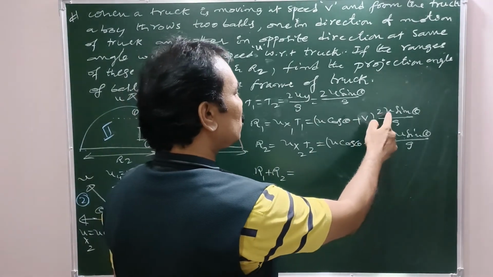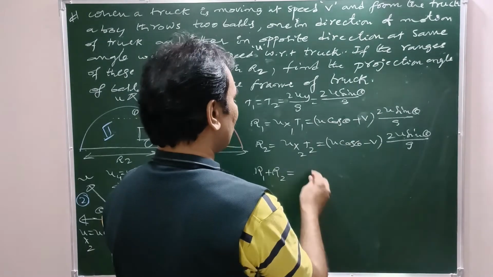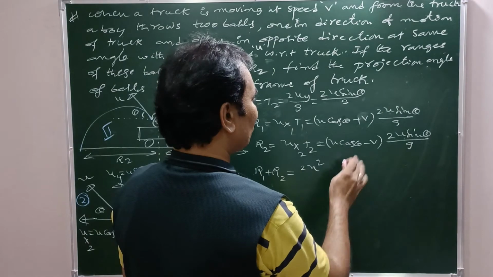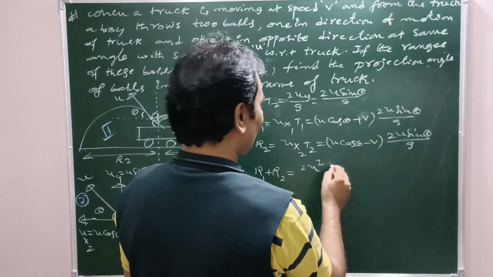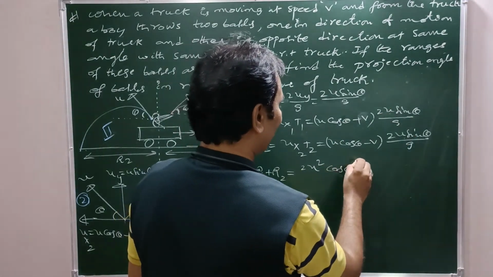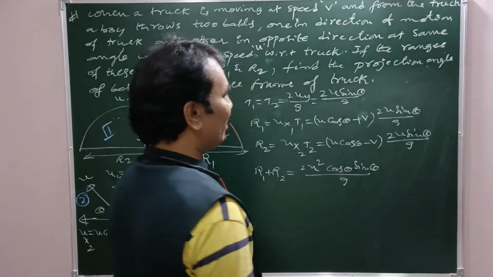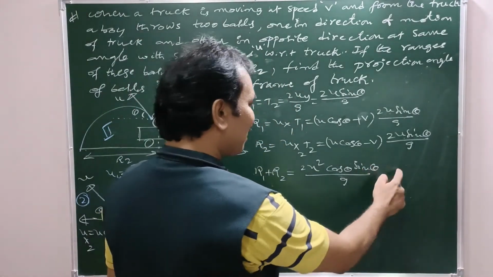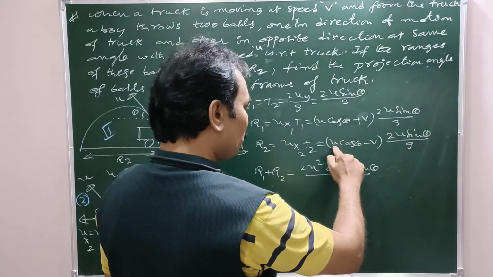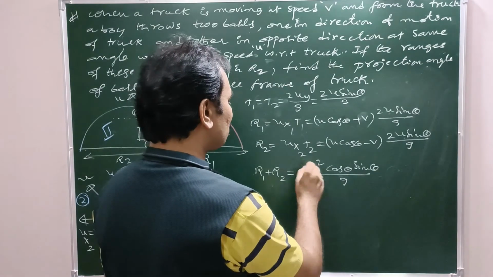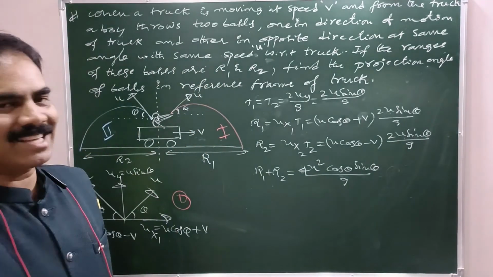That is 2u square cos theta sin theta by g, again plus 2u square cos theta sin theta by g. So that is twice, meaning 4u square cos theta sin theta by g.